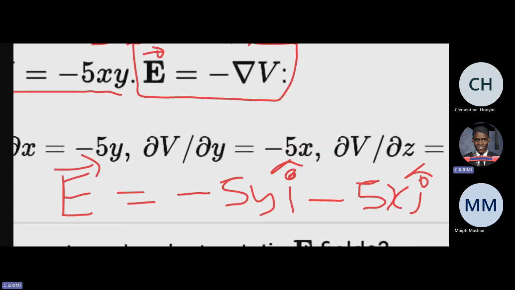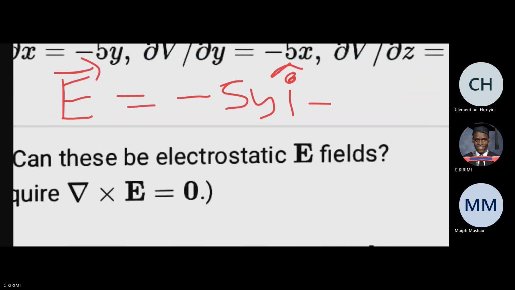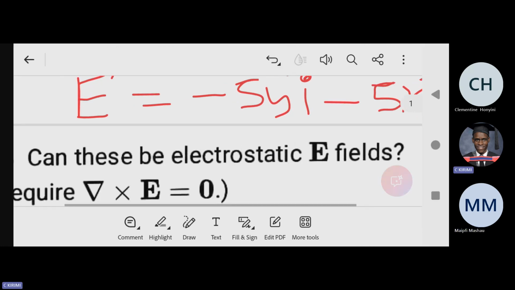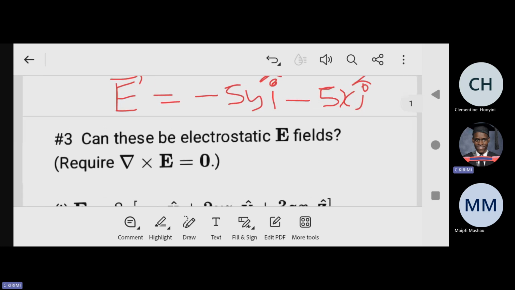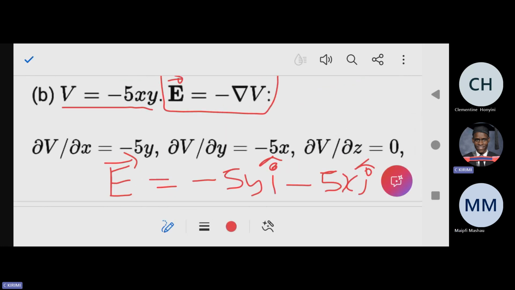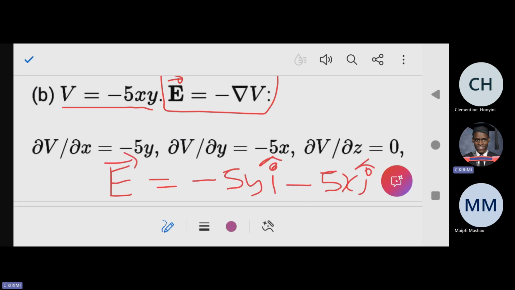So if I say negative grad V, what will be the negative of that grad V? You are supposed to correct that, which means you are putting a minus outside. It's negative grad V.